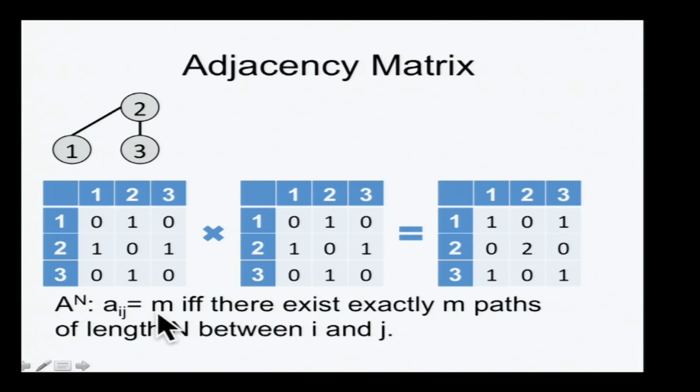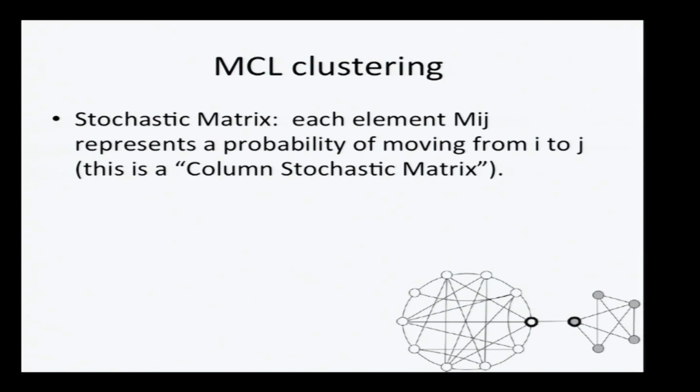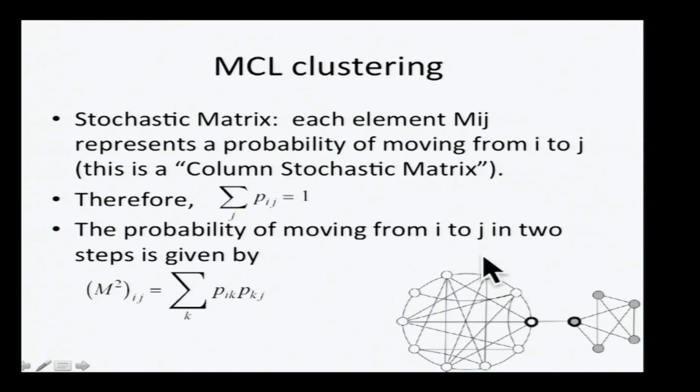All right, so how does this help me? Well, I'm going to take that idea of the nth power of the adjacency matrix and convert it into a transition probability matrix simply by normalizing. So if I were to do a random walk in this graph, what's the probability that I'll move from node i to node j in a certain number of steps? That's what I want to compute. So I need to have a stochastic matrix where the sum of the probabilities for any transition is 1, right?